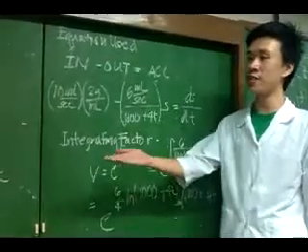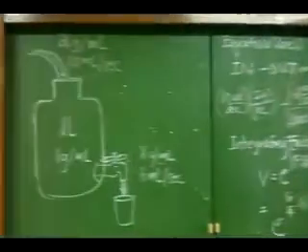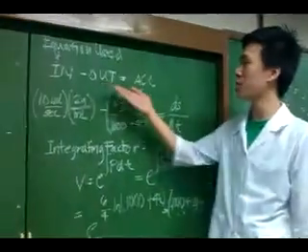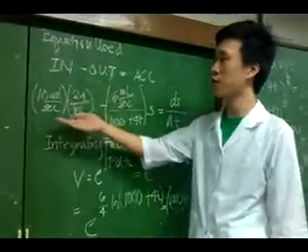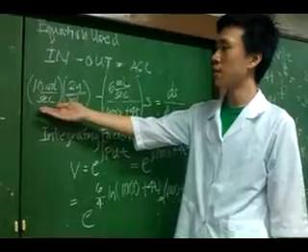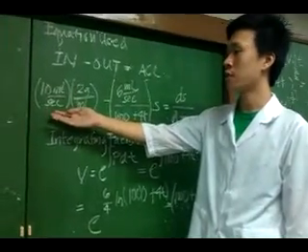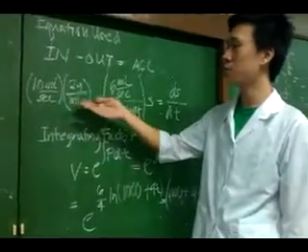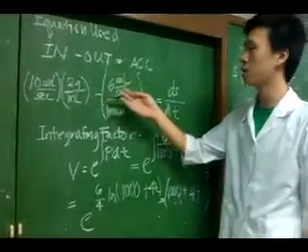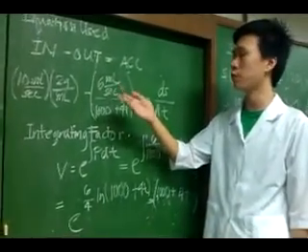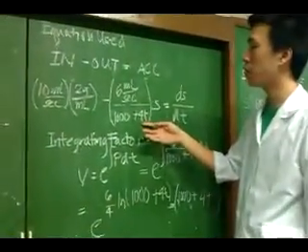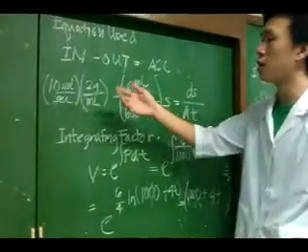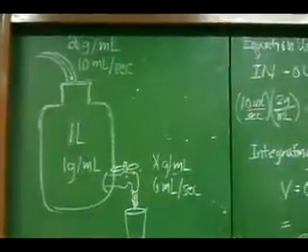So after analyzing the question, we are going to use the equation in minus out equals accumulation. So substituting values for the in, we got 10 milliliters per second times 2 grams per ml minus 6 ml per second, which is the outflow rate, over 1000, which is the initial volume of the container, plus 4, which is the difference between the inflow rate and the outflow rate, times time.